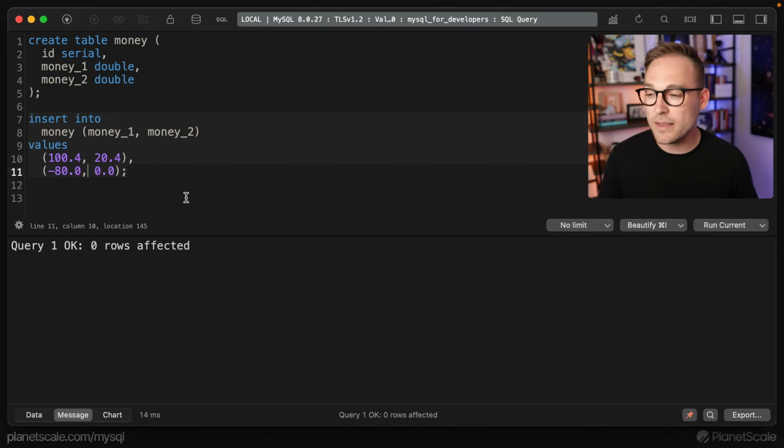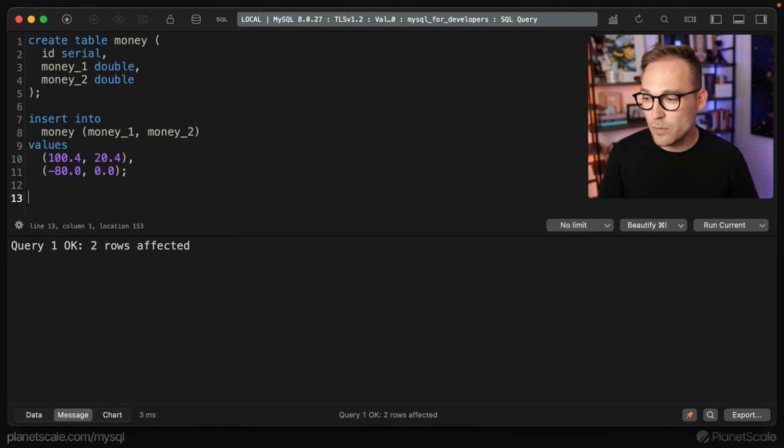I'm inserting into money1 and money2. I'm inserting the values 100.4 and negative 80 into column money1, and I'm inserting 20.4 and 0 into money2.